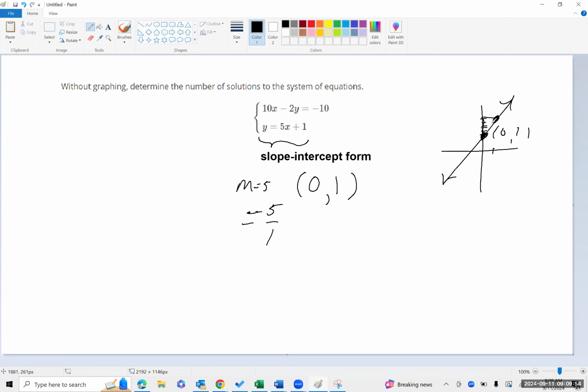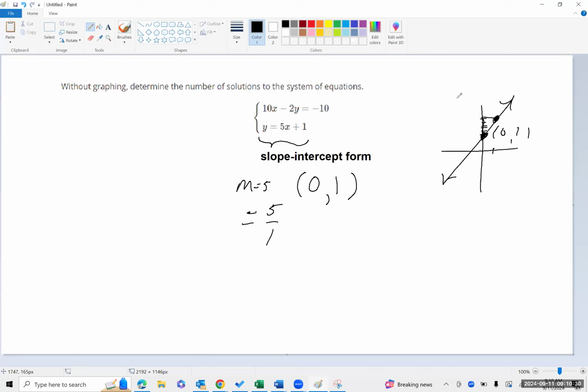Okay, forget my poor spacing. And that's not a minus sign, that's just an equal sign. That 5 is the rise and 1 is the run. Okay, so we know that's what that line looks like. If you understand what slope intercept is, you don't even have to draw the picture. You can generate this picture in your mind.